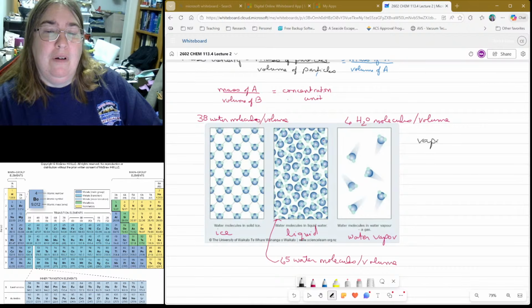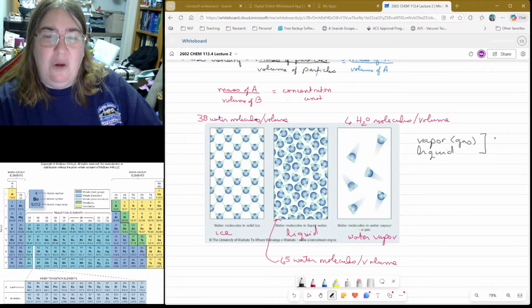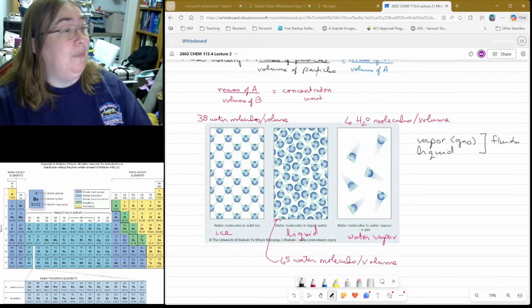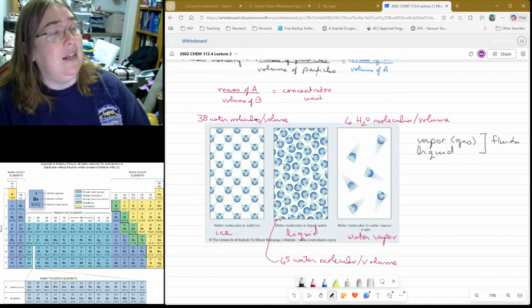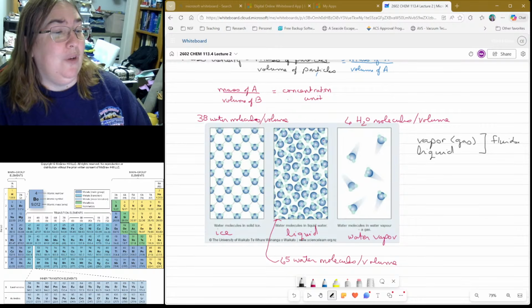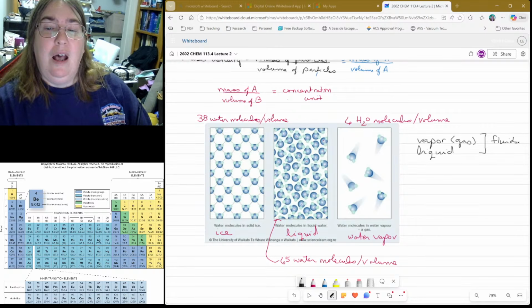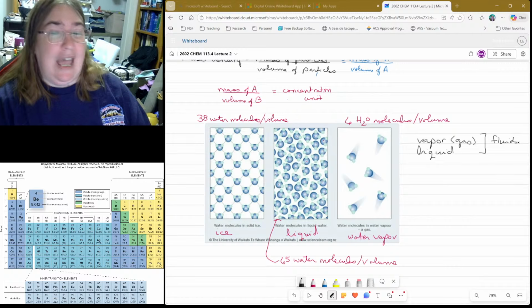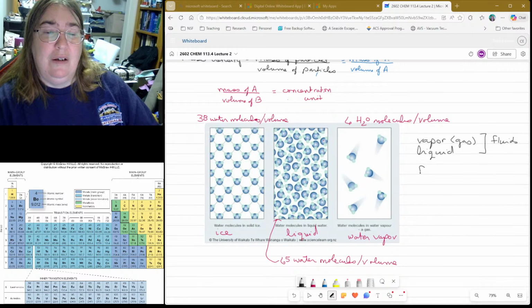Vapor or gas and liquid are also colloquially known as fluids. So if you were to later on go on to be engineers, and you might study fluid mechanics or fluid flow, fluids are defined by random motion.